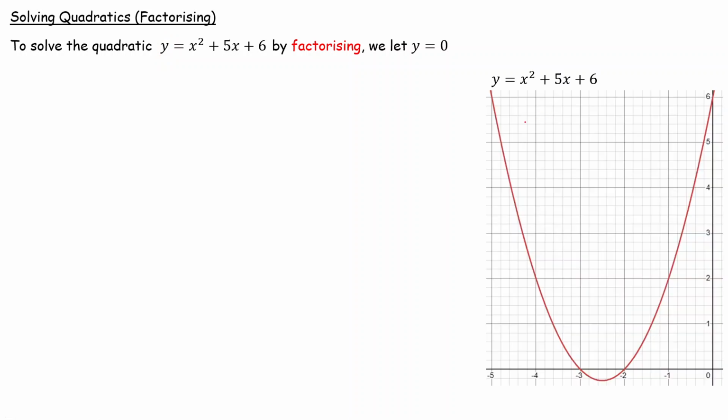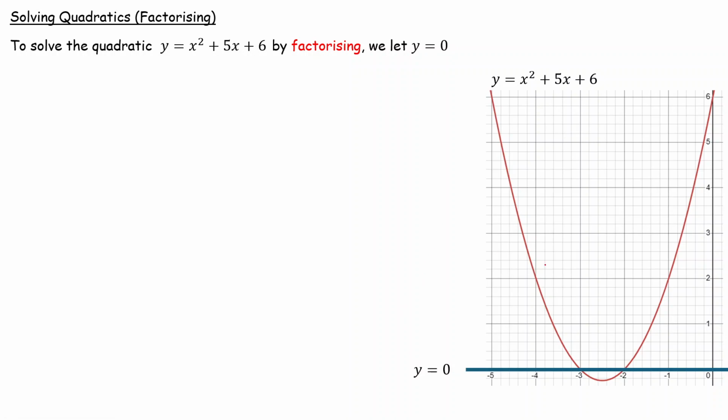Let's keep the same quadratic up here. To solve this quadratic by factorising, we have to let this y value equal 0. The reason is, when y is equal to 0, that is this blue line here.